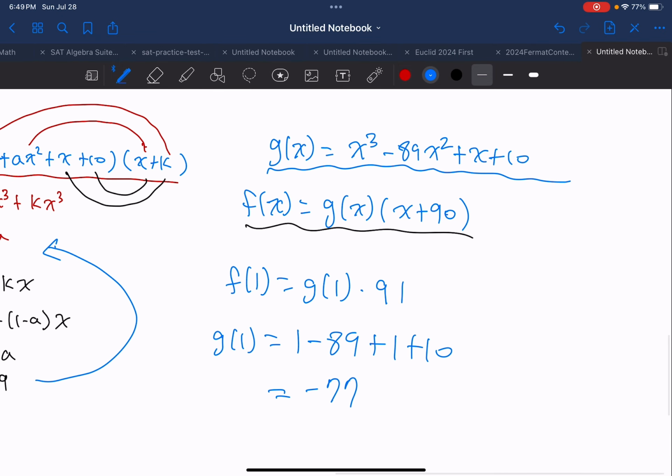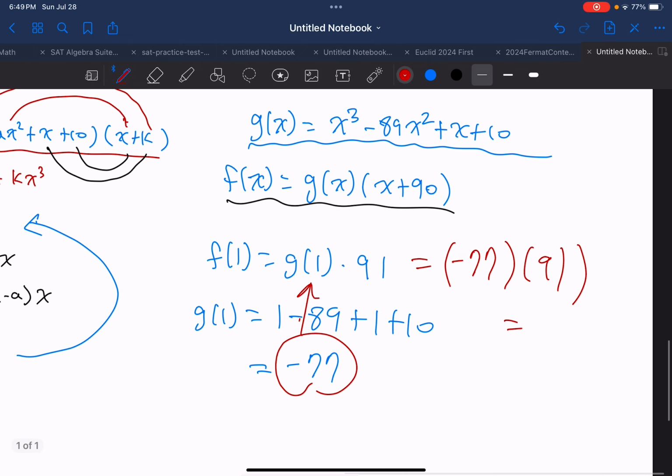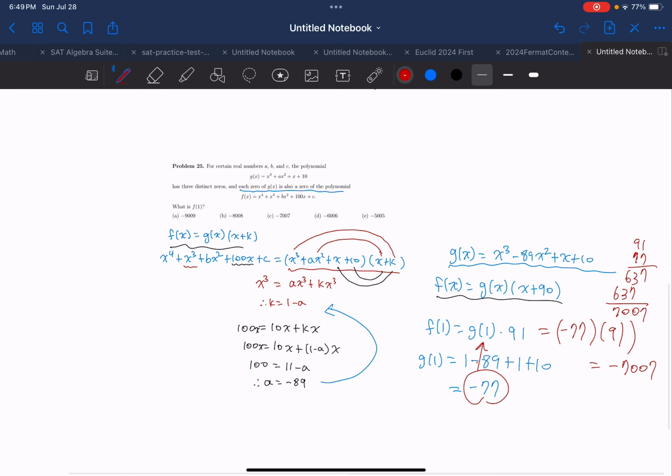So if we plug in minus 77 for g(1), our f(1) would equal minus 77 multiplied by 91, which gives us, if we calculate this, you could do it on a calculator, but I would just multiply this. We get negative 7007, which is C, our final answer.